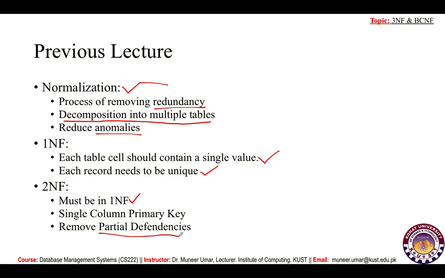If we have a composite key, then we must check that the attributes in that composite key are not determining any attribute separately. If there is a partial dependency due to a composite primary key, then we must eliminate that partial dependency and create a new table.